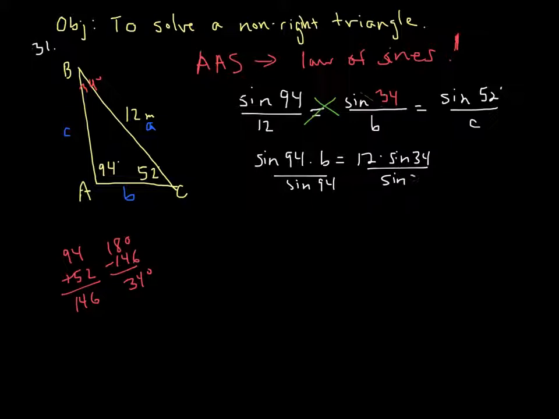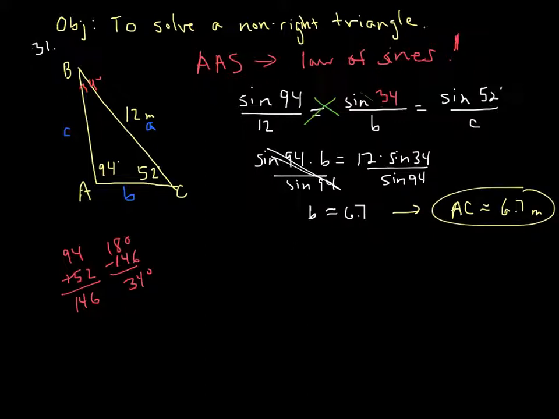Those cancel out, and I'm going to get b is approximately equal to, and I should use a squiggle equal sign because it's an approximate answer, I'm rounding, 6.7. Interpreting in this problem, that's telling me that AC is approximately 6.7 meters, since that was my side b, AC. So that's really the first part right there, I just solved for AC.